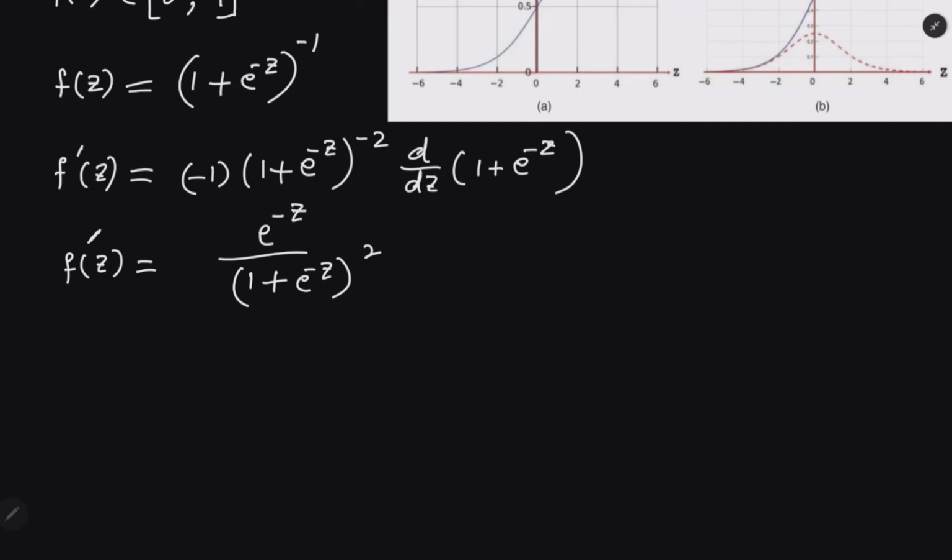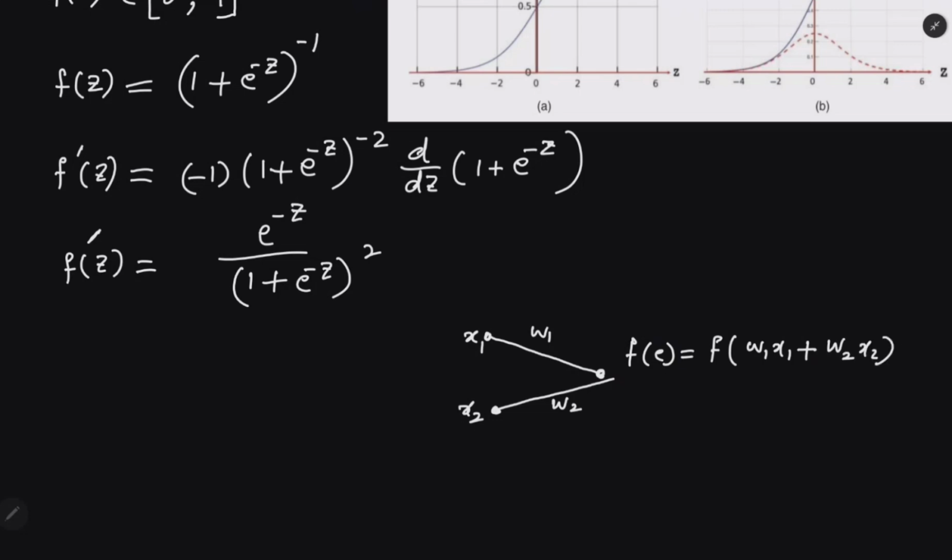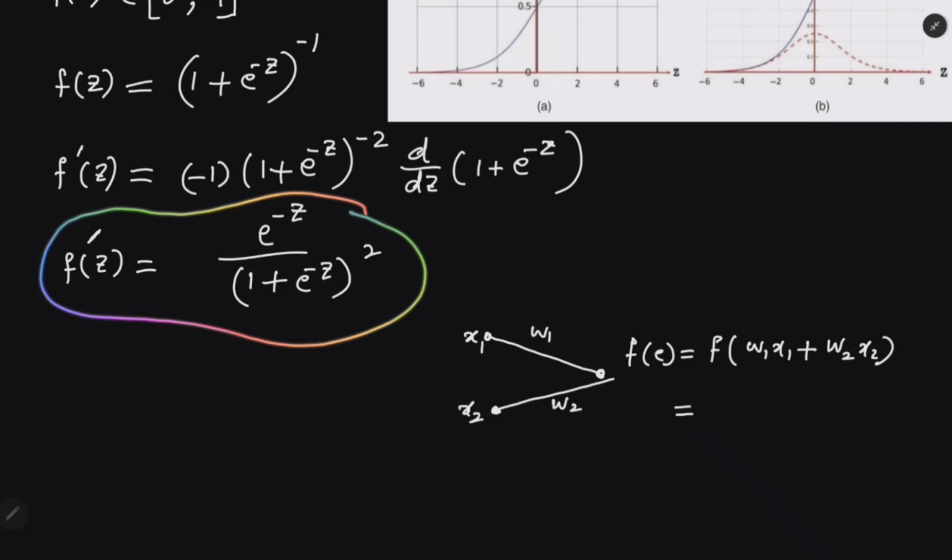For example, if we have our input and we have output and there are weights W1 and W2, and this is X1 and X2, and if we have, for example, the sigmoid function acting on W1 X1 plus W2 X2, we need to find a derivative of this function with respect to some weights in future. So this derivative becomes easier if the activation function is such that it has no problem in derivatives.